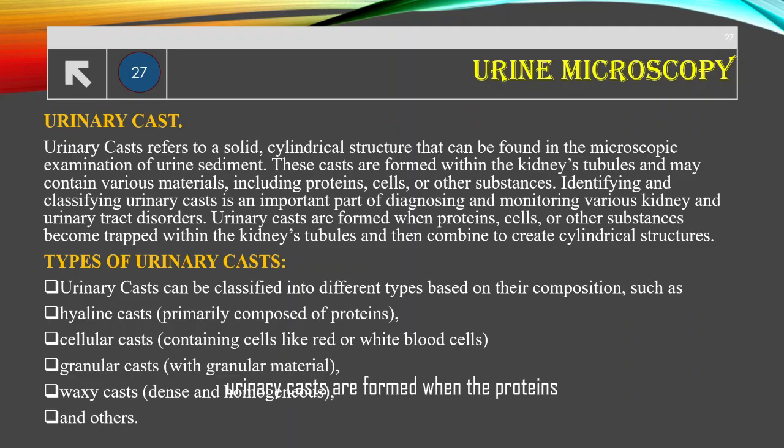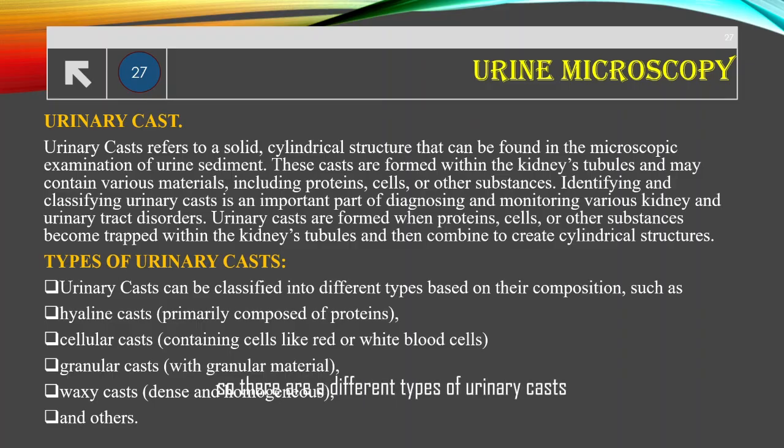Urinary casts are formed when proteins, cells, or other substances become trapped within the kidney tubules, and then combine to create cylindrical structures which you will only see on a microscope. If you know these, you know the differentials. It means you know what the patient is actually suffering from. That's why it's important to understand urine microscopy and urinary casts.